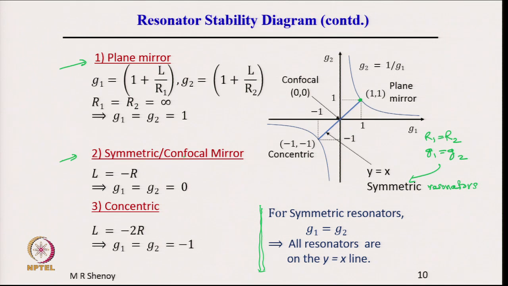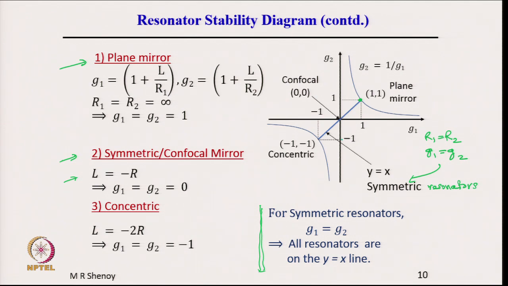For concave mirror, the radius of curvature is negative and therefore, there is an additional minus sign because distance L is always positive, and therefore, L is equal to minus R, R itself is negative. So, this gives G1 is equal to G2 is equal to 0. Look at the formula here, when L is equal to minus R, then we have 1 minus 1, therefore, G1 is equal to G2 is equal to 0.